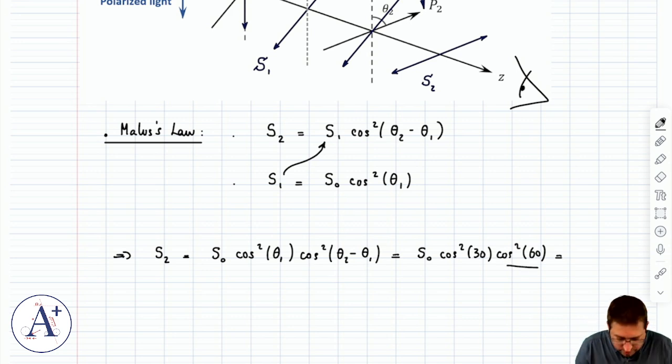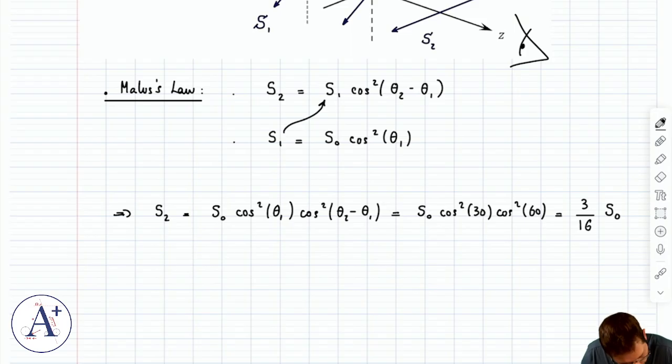Cosine of 60 is 1/2, so squared that's 1 over 4. So it's 3 over 4 times 1 over 4, which is 3 over 16 times S0. That's almost the right answer. They just wanted the ratio S2 over S0, and that's 3 over 16.